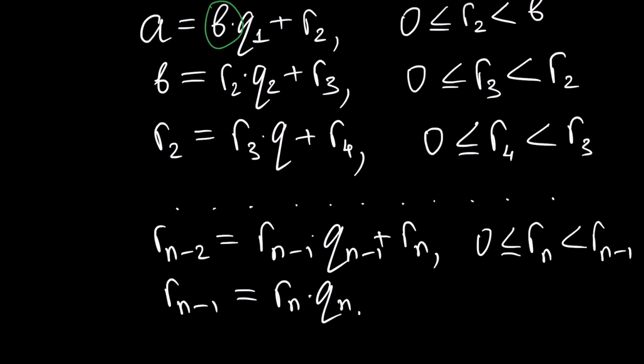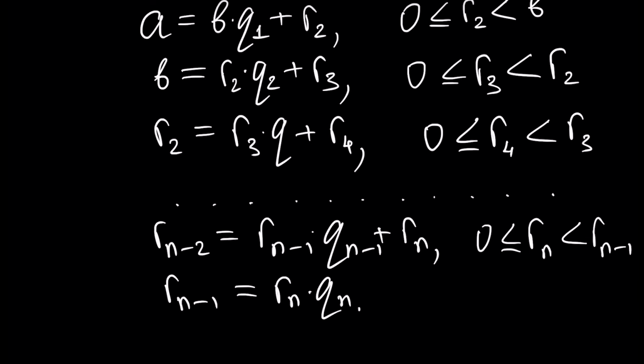And the common divisors of B and R2 coincide with the common divisors of R2 and R3. And the greatest common divisor of R2 and R3 coincides with the greatest common divisor of R3 and R4. And continuing our algorithm, we will have that the greatest common divisor of R n minus 2 and R n minus 1 will coincide with the greatest common divisor of Rn, and it will be equal to Rn.